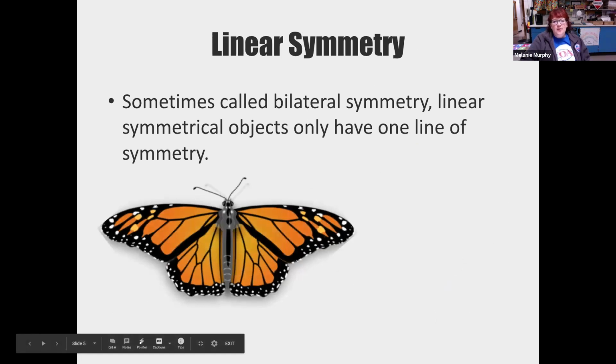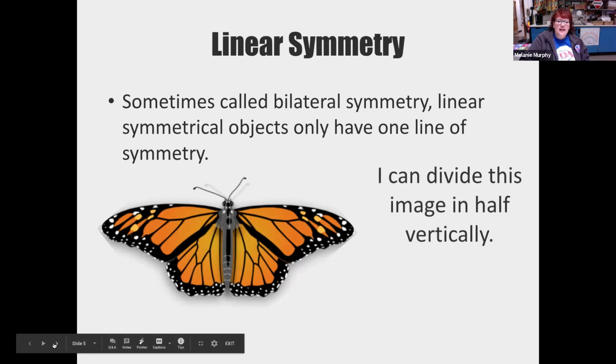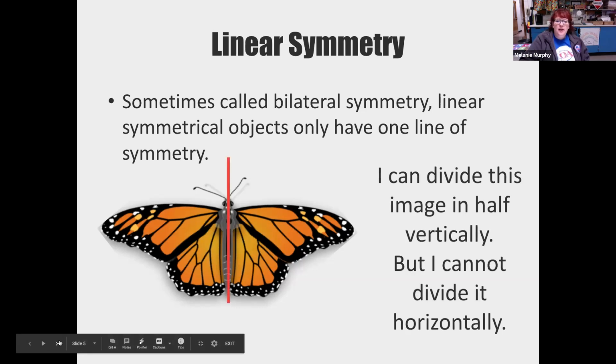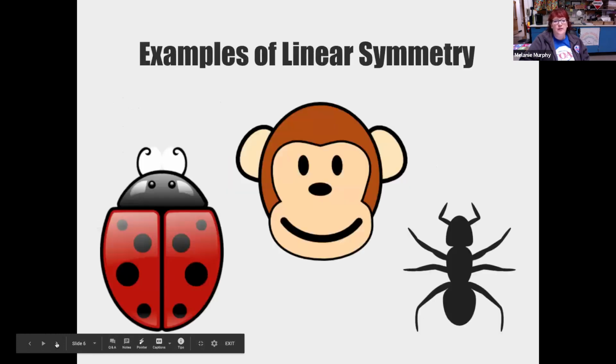It's also sometimes called bilateral symmetry because it only has one line of symmetry. You can divide it in half vertically, but you can't divide it in half horizontally. And by the way, it's really mean to fold butterflies, so don't do that. Okay, no folding of butterflies. Here are some more examples of linear or bilateral symmetry.